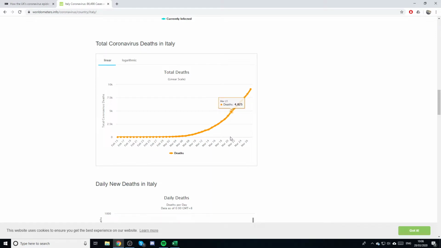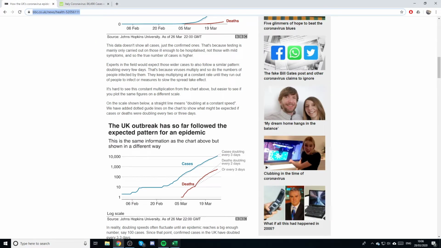Let's take it from March the 21st. 1, 2, 3, 4, 5, 6. That shows us the death rate in Italy. It's slowed to doubling every 6 days, rather than every 3 days.